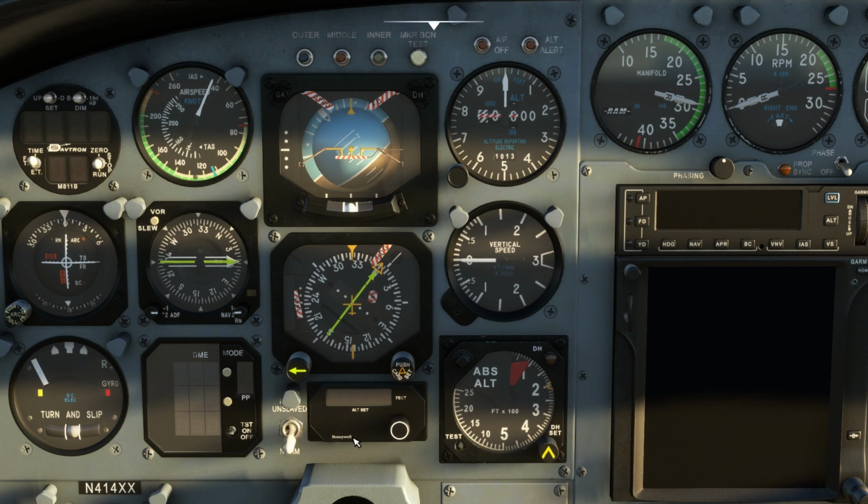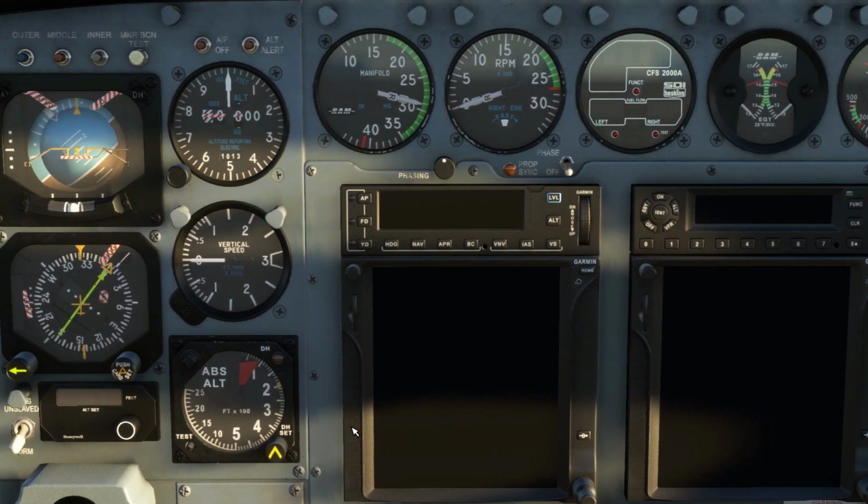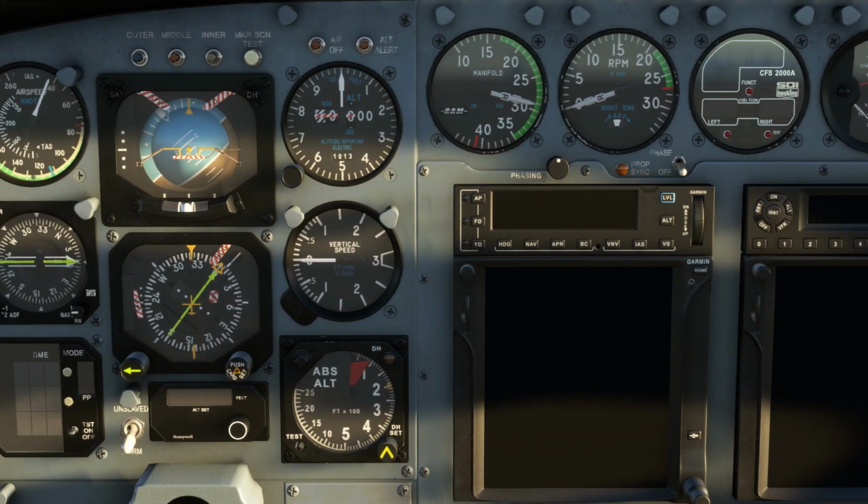So it's a Honeywell altitude display. You've got the altitude alert here, you've got the autopilot off, you've got the marker beacon test, you've got the inner marker beacon annunciator, the middle and the outer.